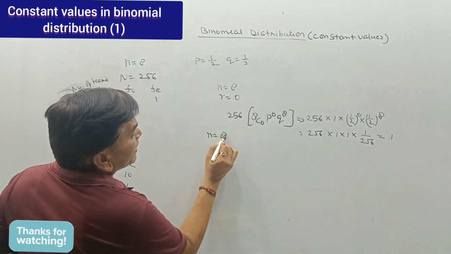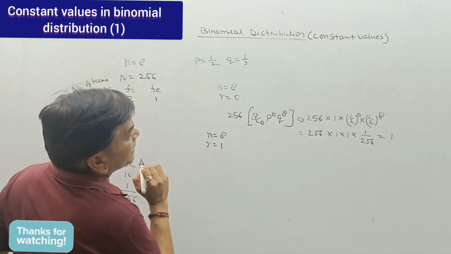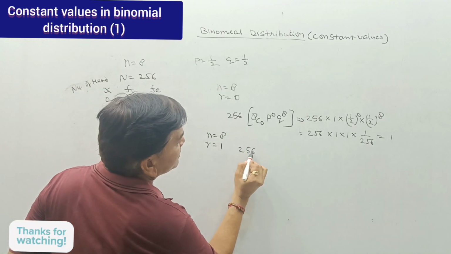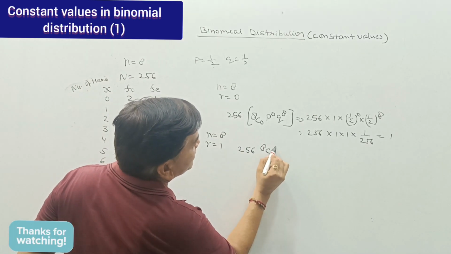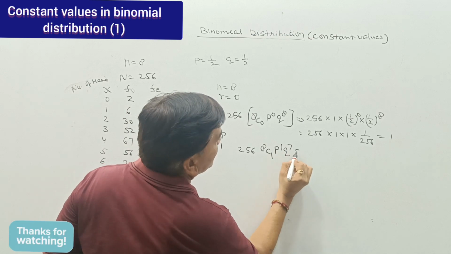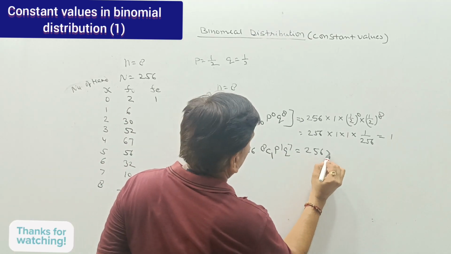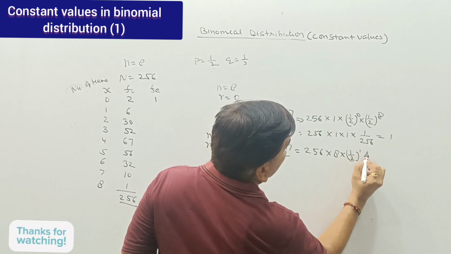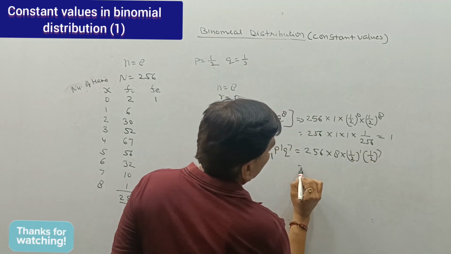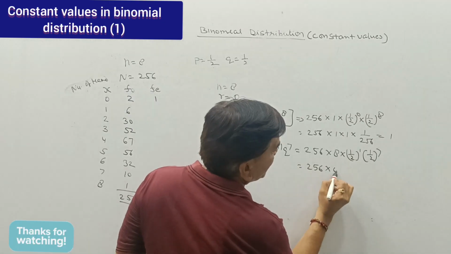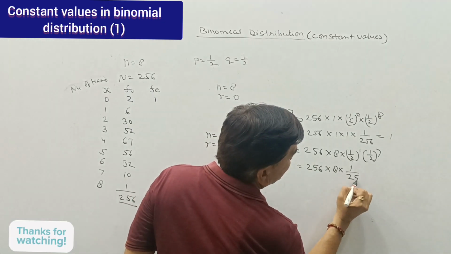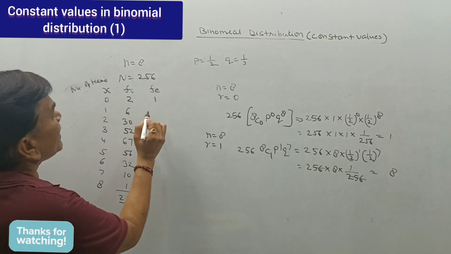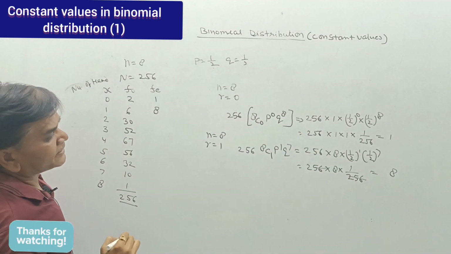Now n is equal to 8 and r is equal to 1 for one head: 256 8C1 p raised to power 1, q raised to power 7, 256 multiply 8 multiply (1/2) raised to power 1 and (1/2) raised to power 7. So 256 multiply 8 multiply 1/256, so the value will be 8. So the second estimated frequency is 8.